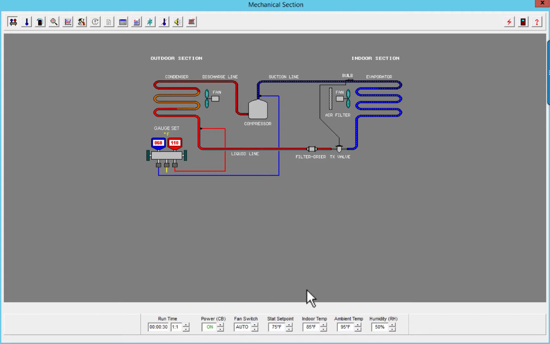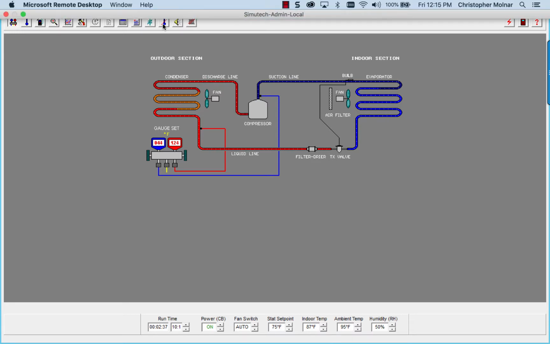Okay, we never want to count on readings after we start a system until it runs for a little bit of time. I mean, normally in real life, I want 10 minutes of runtime before we actually call a system stable. So I'm just going to do what I can't do in real life, and I'm going to make it go a little bit faster here. Okay, I am going to not allow my stat to satisfy.